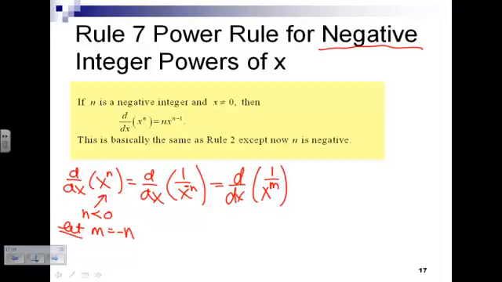There's a function of x on top, which happens to be the constant function 1. There's a function on the bottom. I can now use the quotient rule on this derivative. It is bottom times the derivative of the top. What is the derivative of a constant? 0. Minus the top times the derivative of x to the mth.